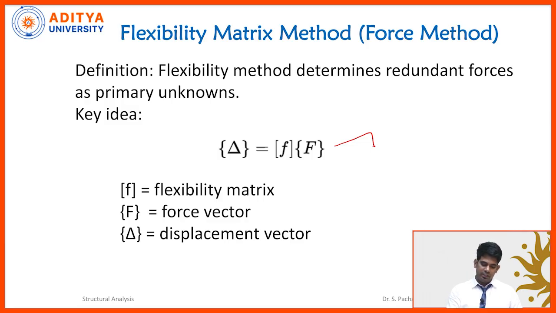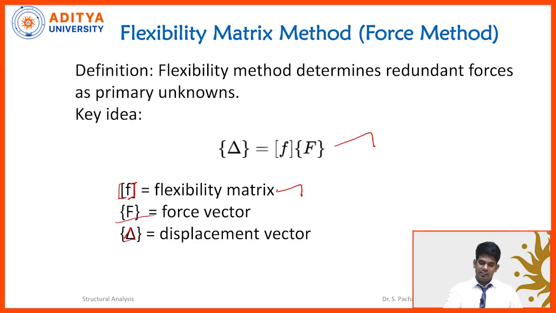You can see, if it is a matrix, we see the square bracket. So, it's a flexibility matrix. If you see the curly bracket, it is a vector. So, this is the force vector, and then this is the displacement vector.